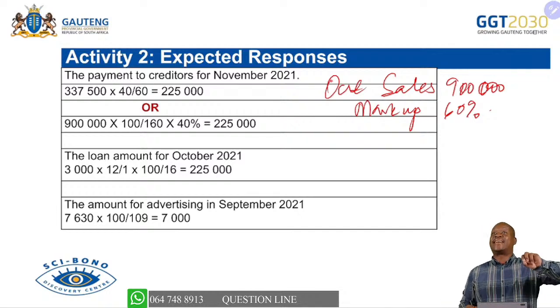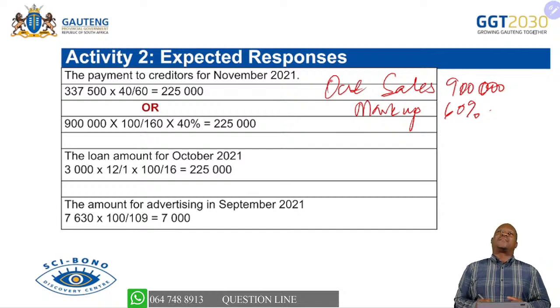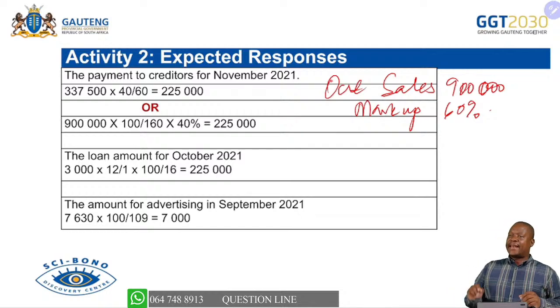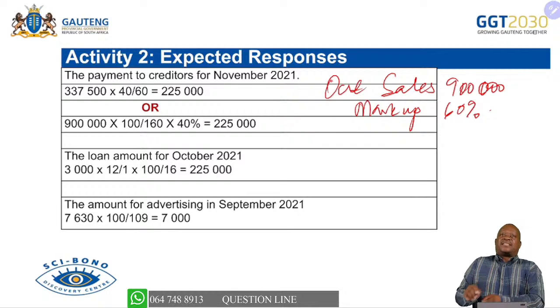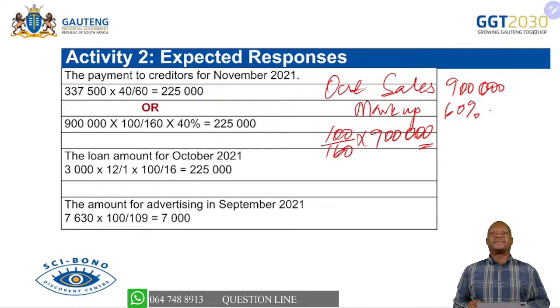Remember, I said there's a relationship between the sales and the purchases for that month, because markup is always used on cost of sales, and cost of sales in this case is equal to our purchases. So we can easily find our purchases using this. How do we go about finding our purchases? It's simply the way we find our cost of sales, which is 100 over 160 times 900,000. Now, this gives us our purchases.